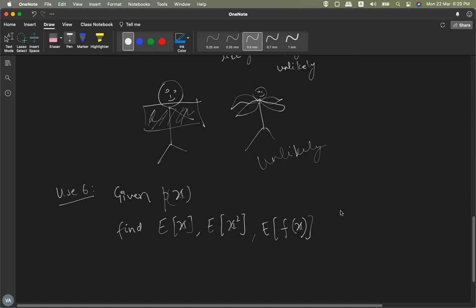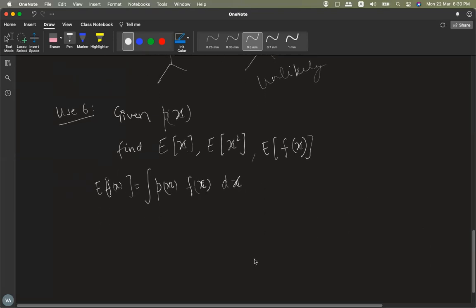Yes, you will compute the expected value of f(x), which is equal to the integral of p(x) f(x) dx over all x, right? And let us say this integral is very complicated to compute.